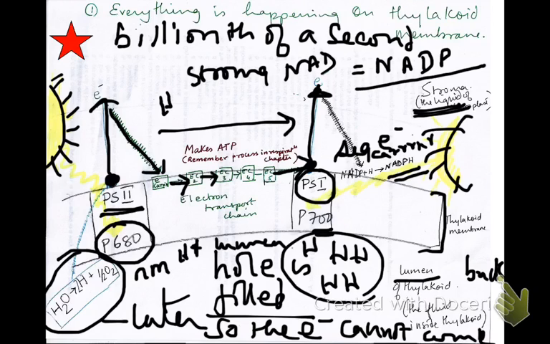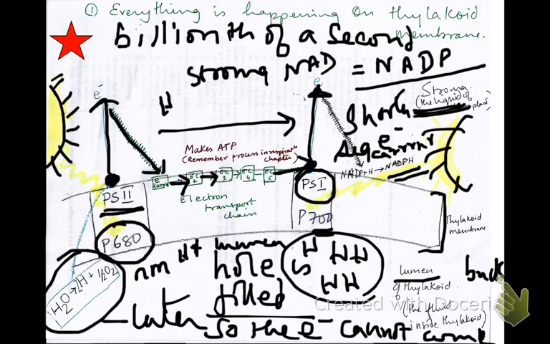I had a second wavelength of light hit my photosystem 1 and excite an electron which goes through a shorter sequence and reaches NADP, which gets converted to NADPH. So I have reducing power in the form of NADPH.